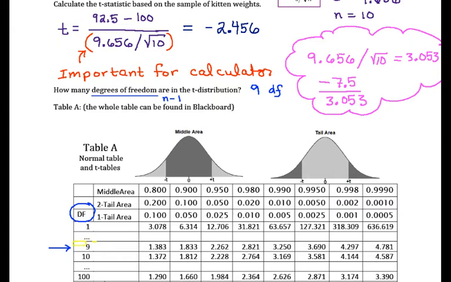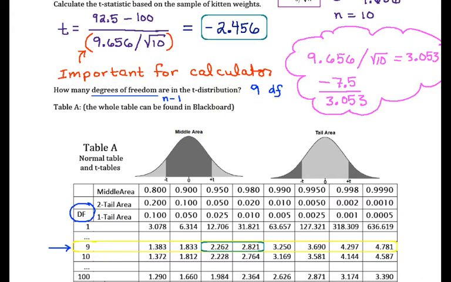And so I'm going to look at the whole row corresponding to 9 degrees of freedom. Now I'm going to try to locate where my particular t-statistic sits in that row. 2.456 is really between these two. The fact that my t-score is negative doesn't really matter.